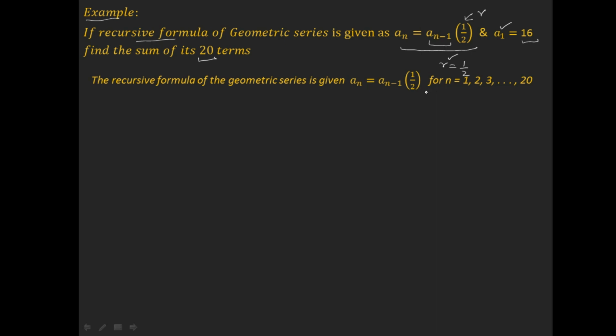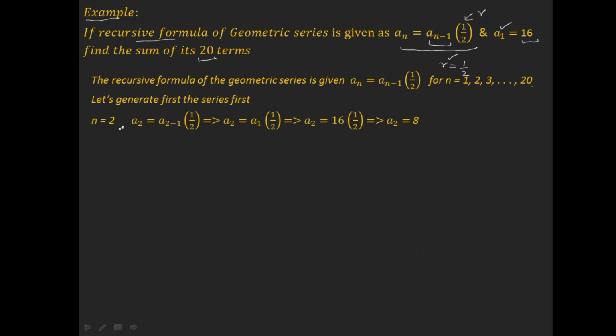The recursive formula is this one, and n is 1, 2, 3 up to 20, because we are adding the first 20 terms. So first we will generate this series. First put n equal to 2, because we are finding the second term; the first term is given.